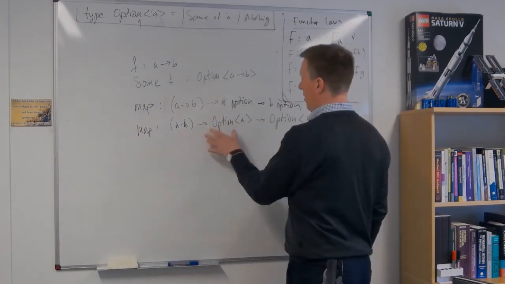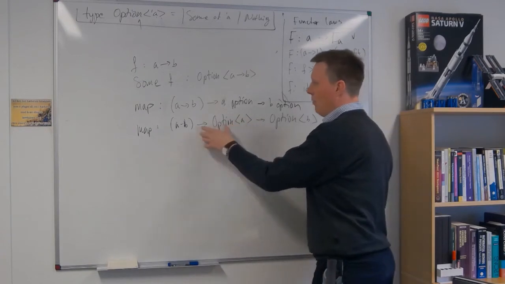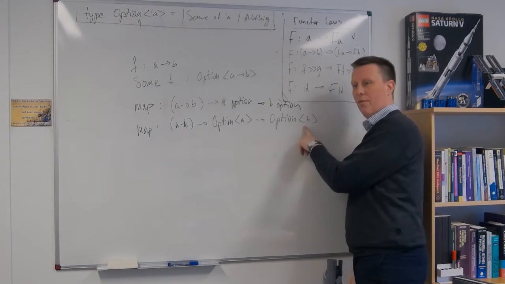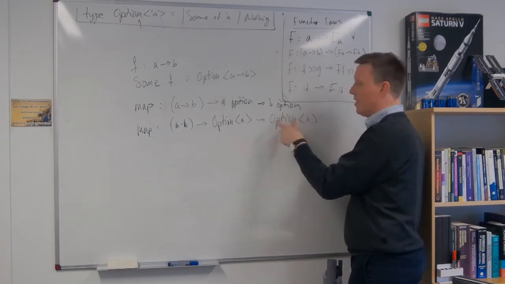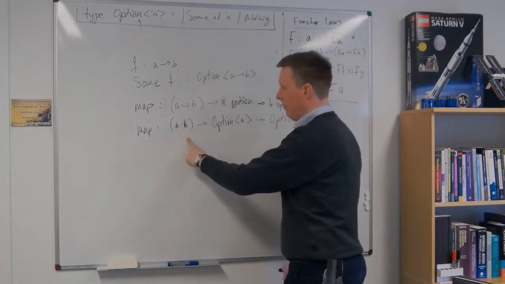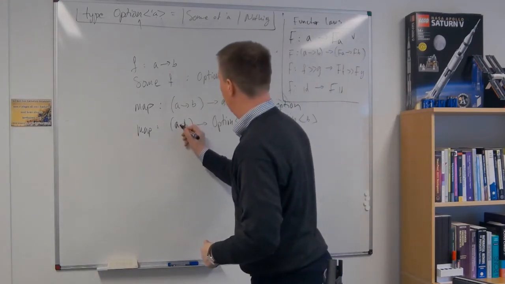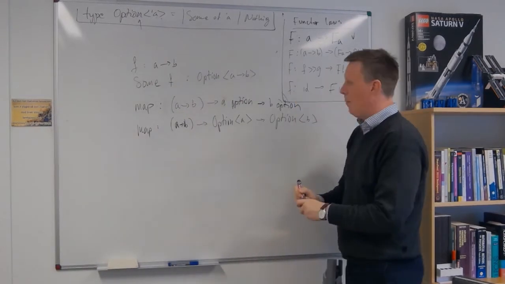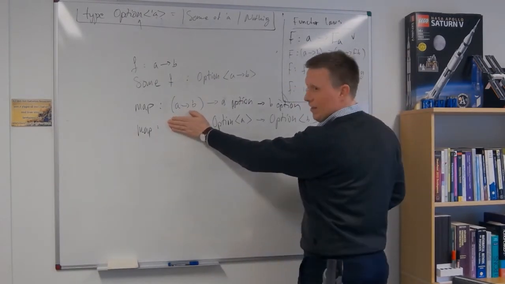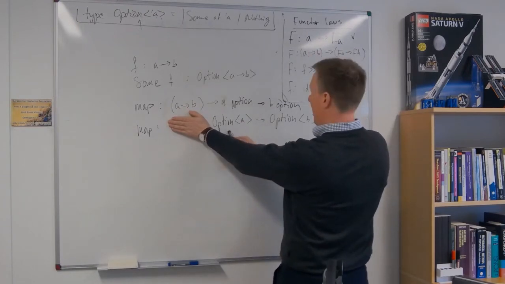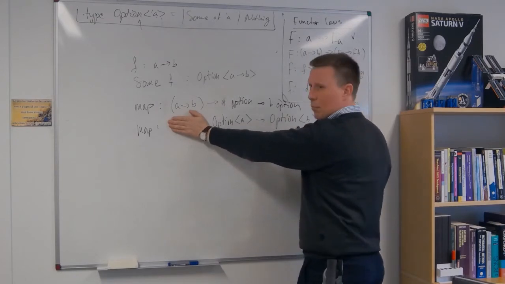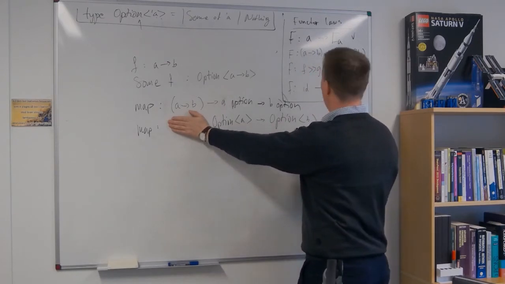We have a list or an option containing some value, and we apply a function to it, and we get out the new list or option where the value has been transformed. But if I partially apply map, so I now give it the function, what I get is a new function that takes an option of A and produces an option of B. Now look at that.